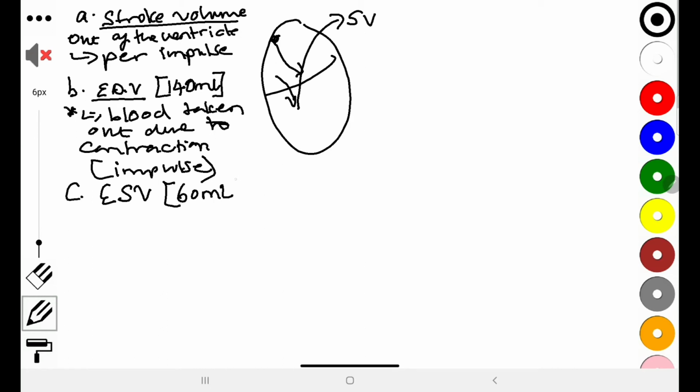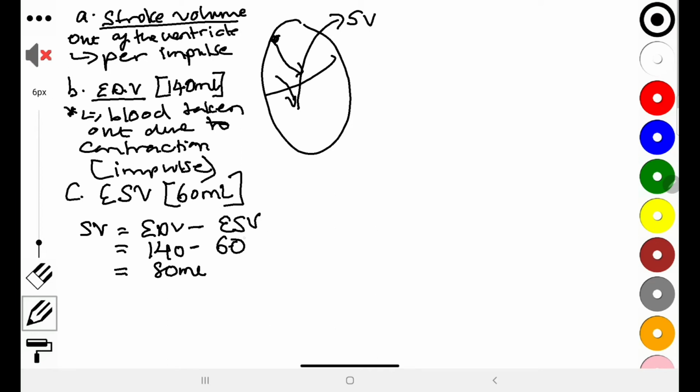If you had 60 mils after contraction, how would you calculate stroke volume? You'd say stroke volume is going to equal what was there minus what we have now. So if what was there was 140 and what we have now is 60, we are going to have 80 mils as our stroke volume. Awesome.